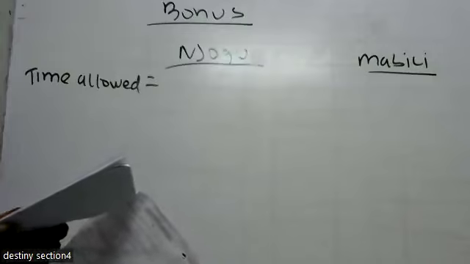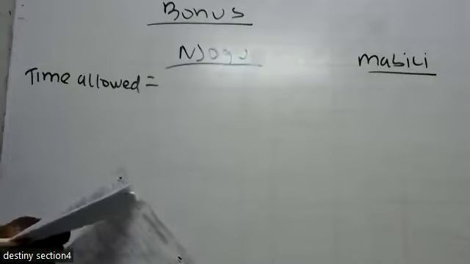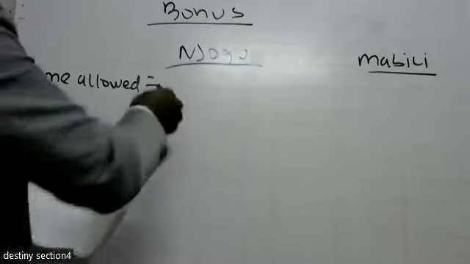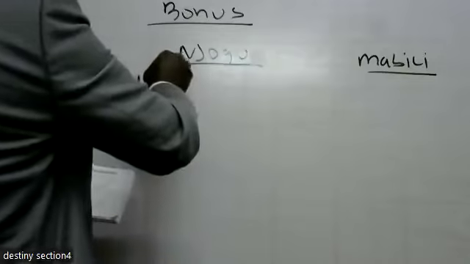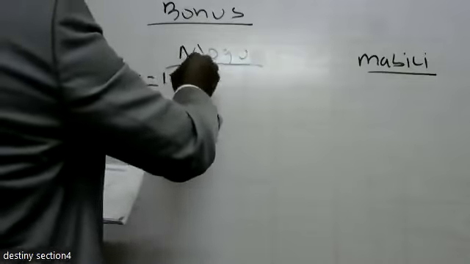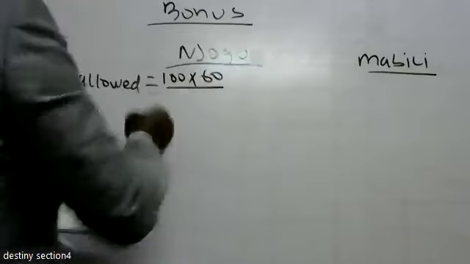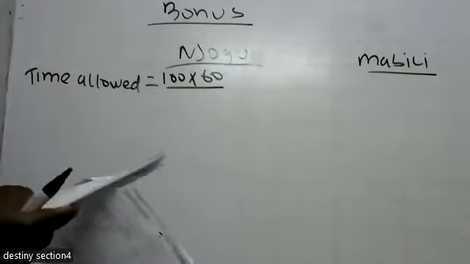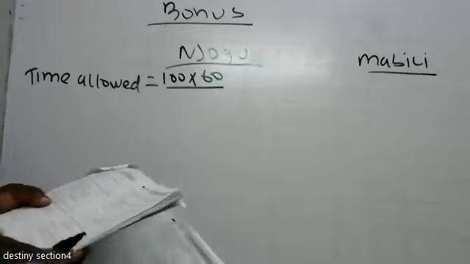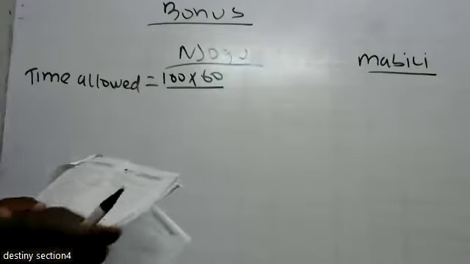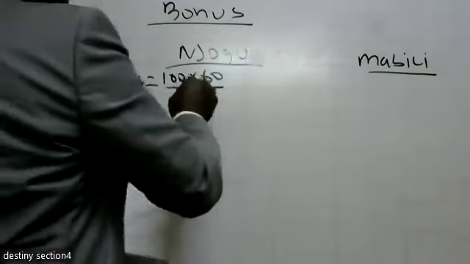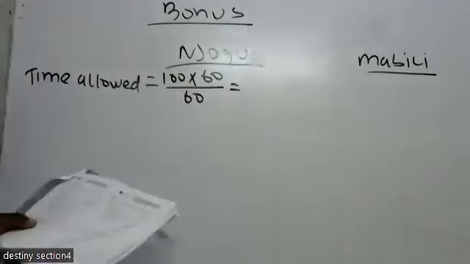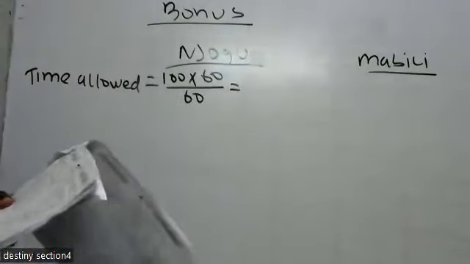And Mabili made 105, for which time allowed is? You take 1,000 multiplied by 60. Then you'll be required to divide again by 60, because we require them in terms of hours.